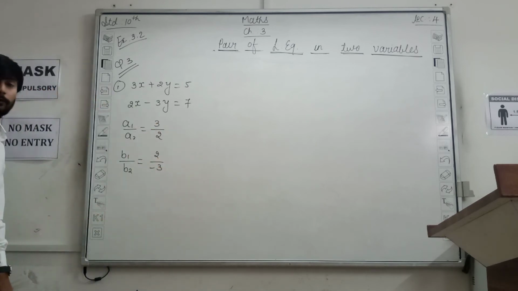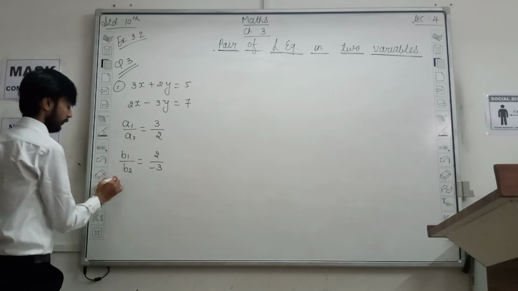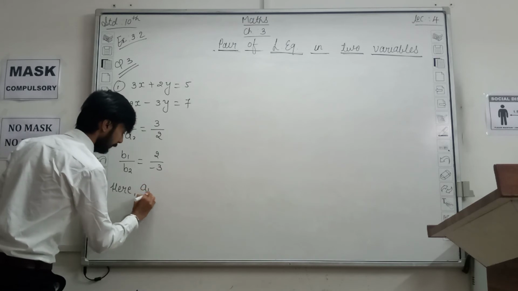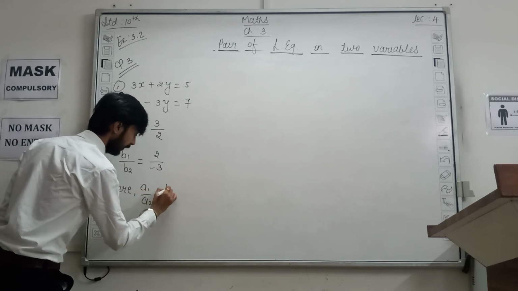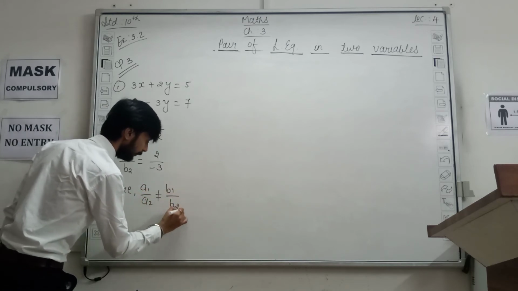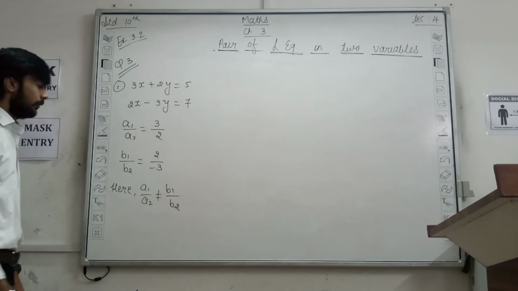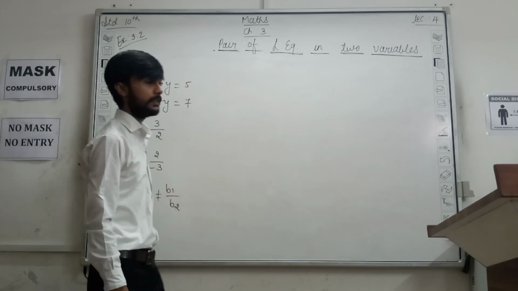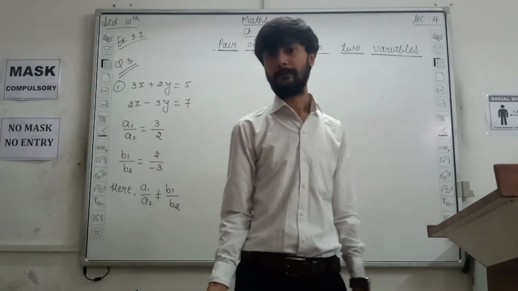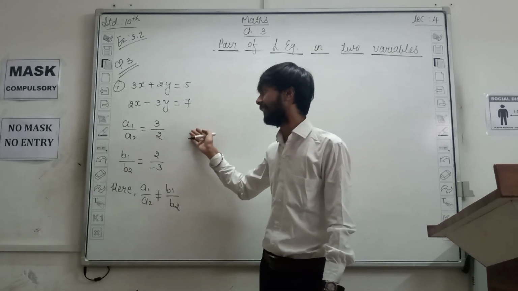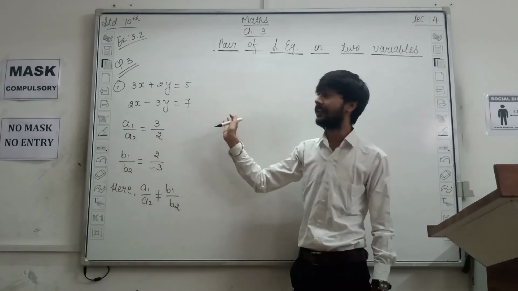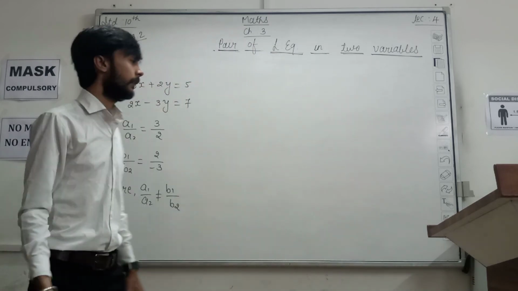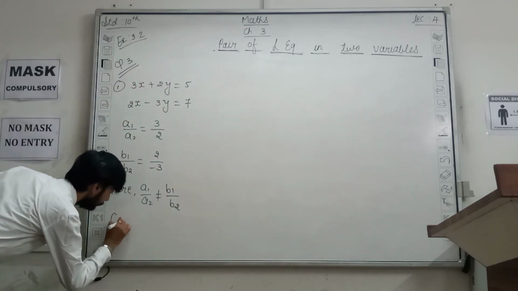See, a1 upon a2 does not equal b1 upon b2. So this is the condition for which lines? The ratio condition is satisfied for intersecting lines. So these lines are intersecting lines, and if they intersect at a point, that means it has a unique solution. That means it is consistent.